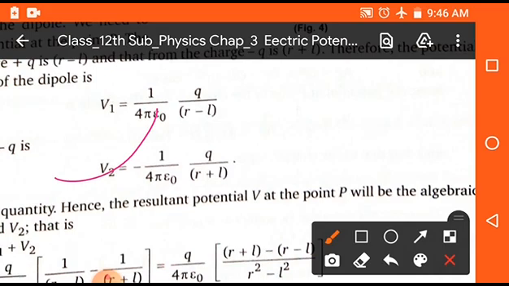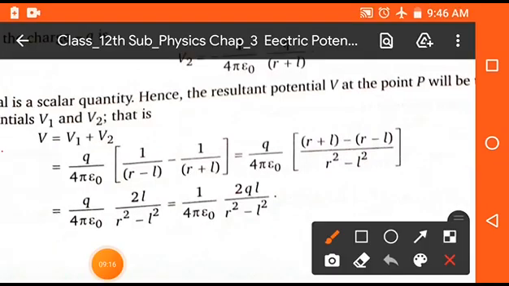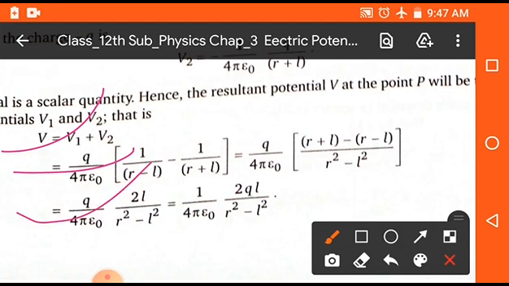Now the net electric potential at point P is given as V is equal to V1 plus V2. On putting the values, we have q upon 4 pi epsilon naught in bracket 1 upon r minus L minus 1 upon r plus L. Finally, on putting p equal to q into 2L, we get 1 upon 4 pi epsilon naught 2qL upon r square minus L square.